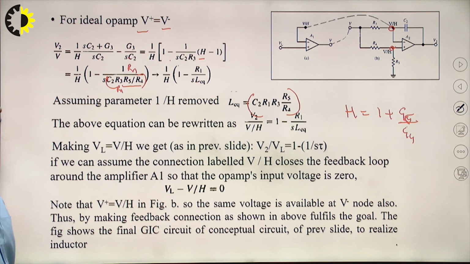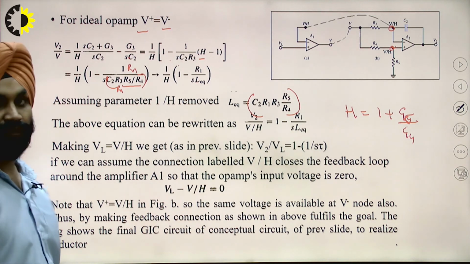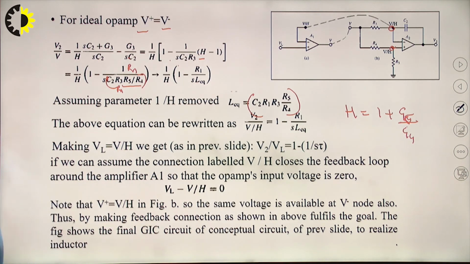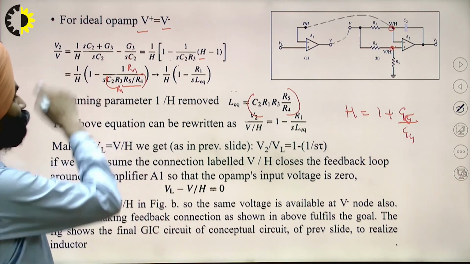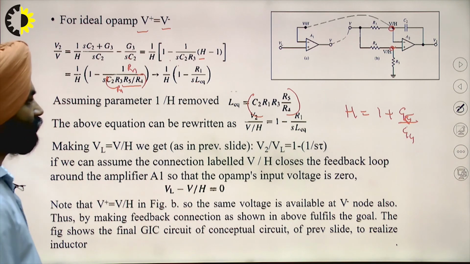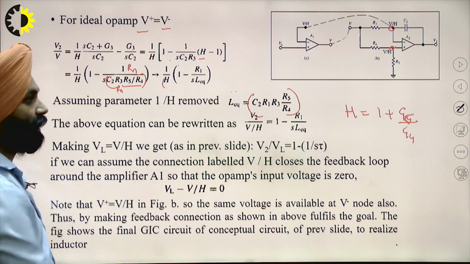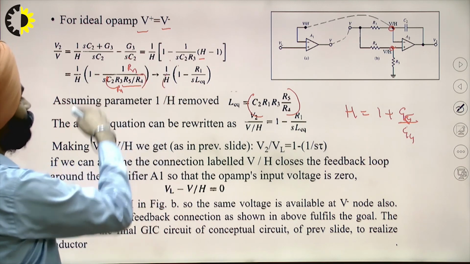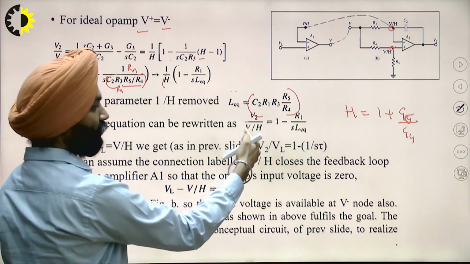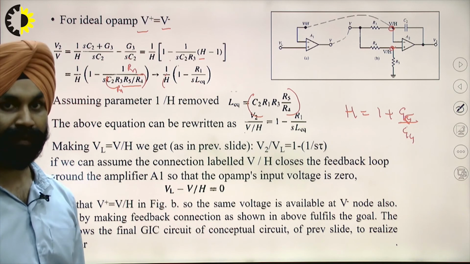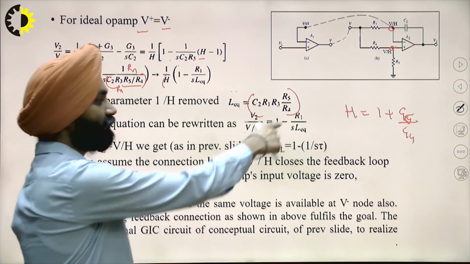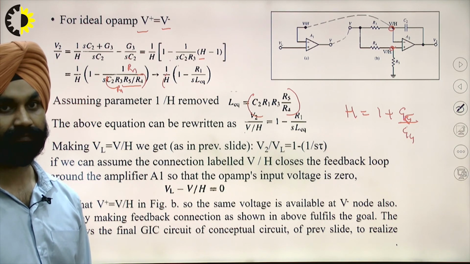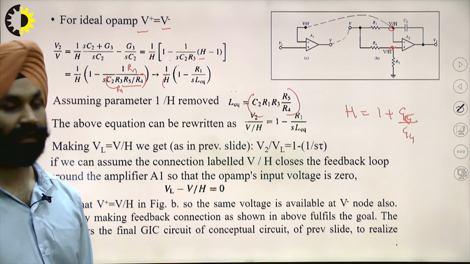So we can see this equation as V2 by V is equal to 1 by H into 1 plus R by SL, and if we take H to the other side, it will give V2 by V divided by H is equal to 1 minus R1 by S L equivalent, right?